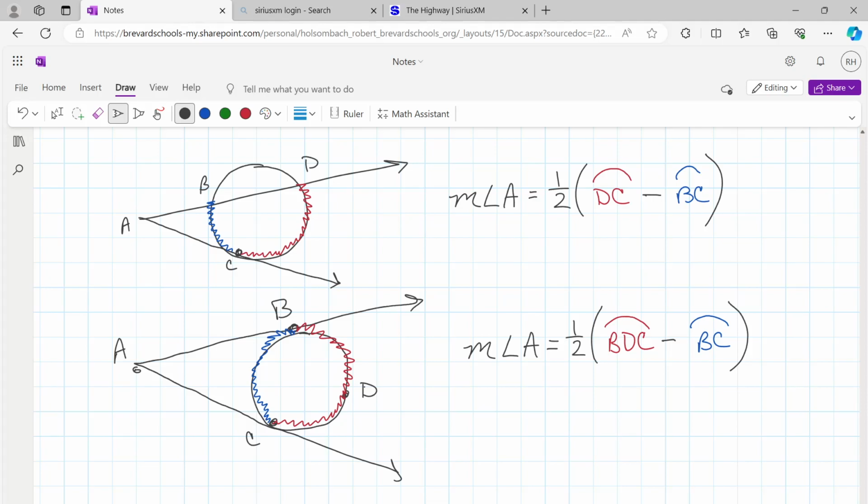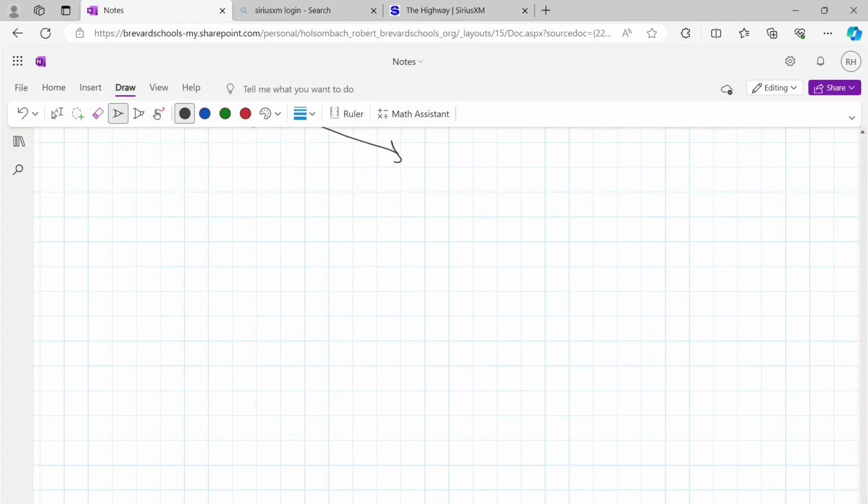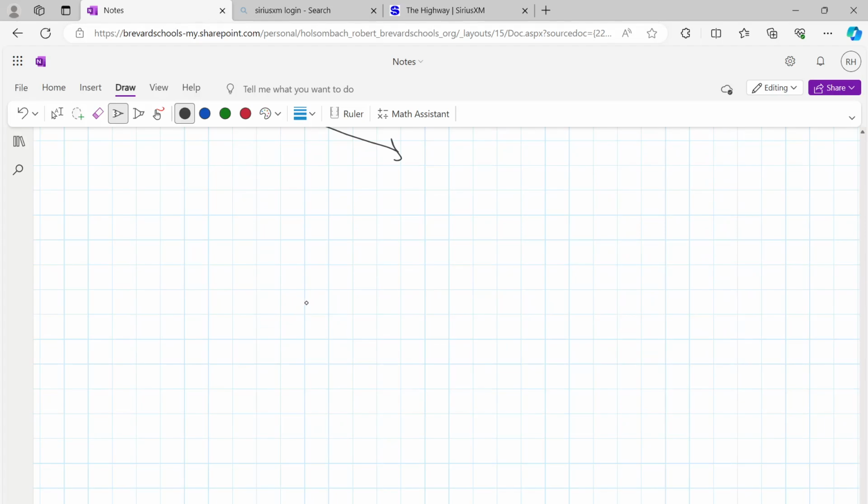All right, so let's do a couple of practice problems and take a look at example 3 on the top of page 744. And let's say we get this picture. Here's a circle.